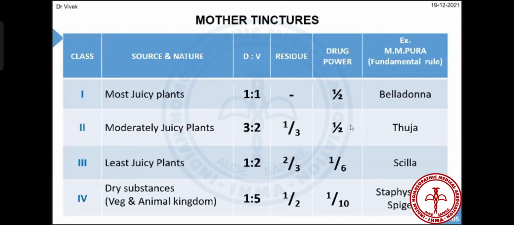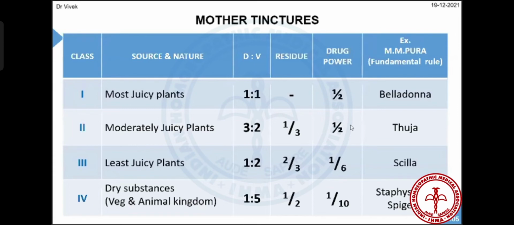Class 2 is moderately juicy plants, again non-mucilaginous, but containing resin, terpenes and volatile oils. So that is the difference between class 1 and 2. Class 1 is non-mucilaginous and does not contain resin, terpenes or volatile oils. Class 2 is again non-mucilaginous but contains resin, terpenes or volatile oils.